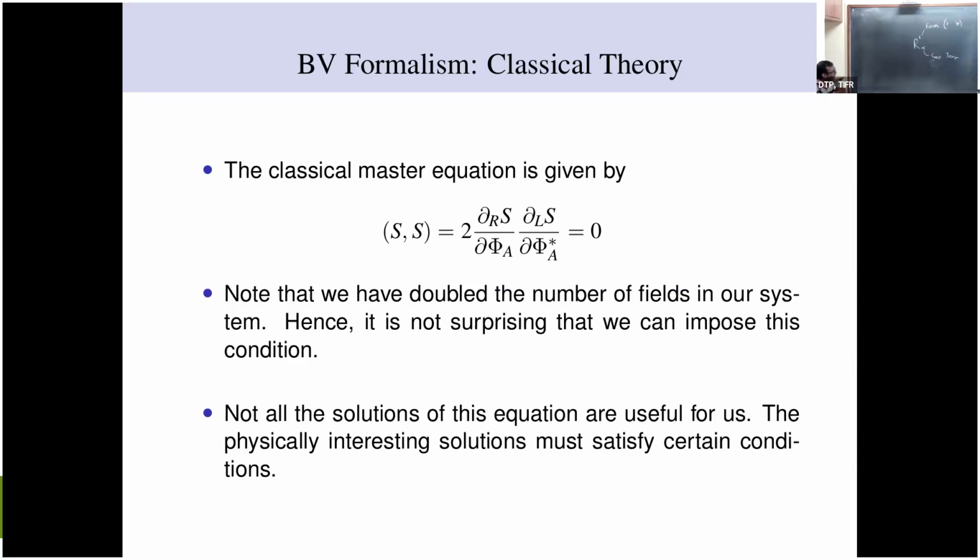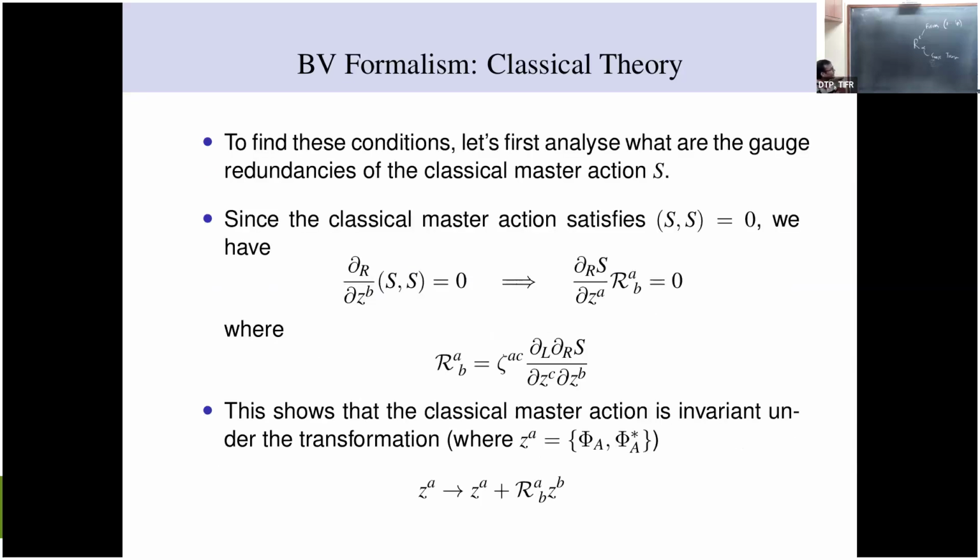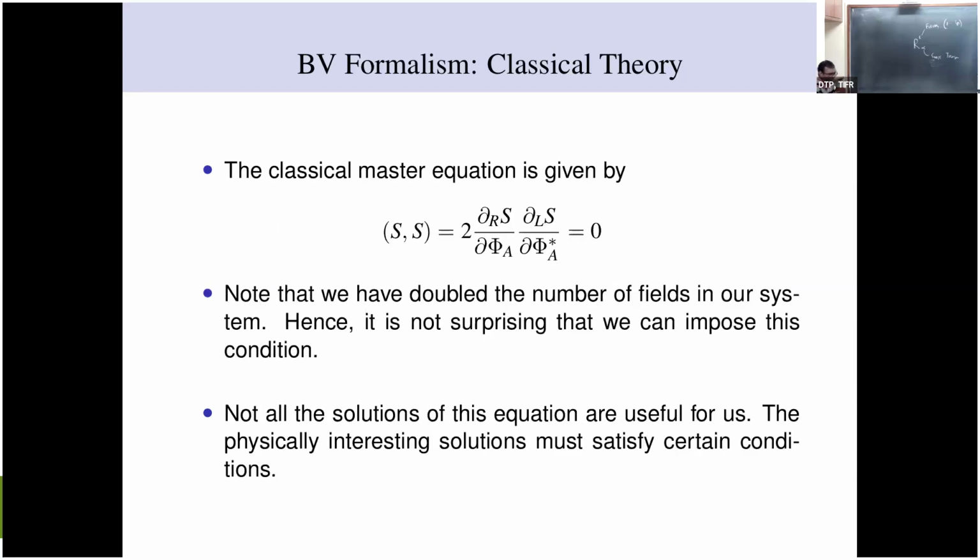So let's see what conditions we demand from this. To find these conditions, let's first analyze the gauge redundancies of this classical master action. We will call this S the classical master action.